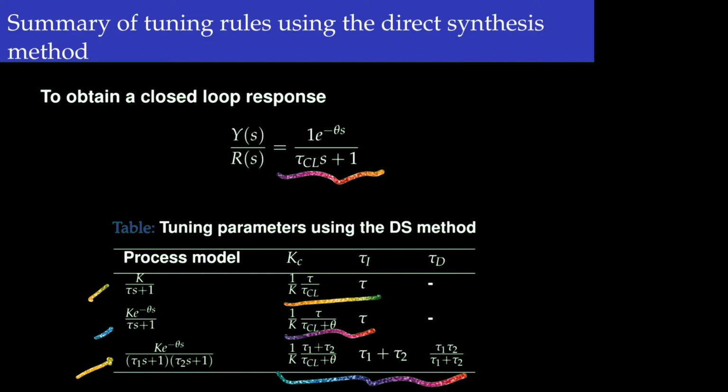Also, you need to define a closed loop response. Here, tau CL is the user defined parameter. So the user has to define this closed loop time constant, meaning how fast or how slow you want the process to move.